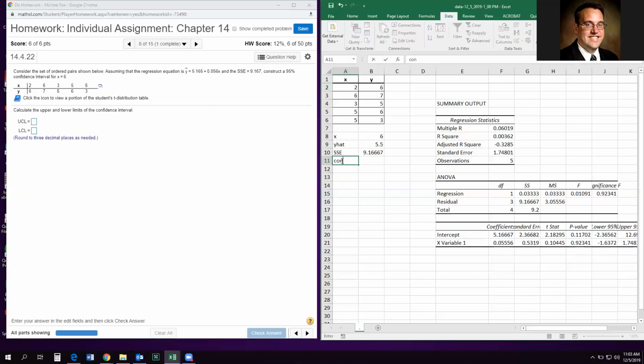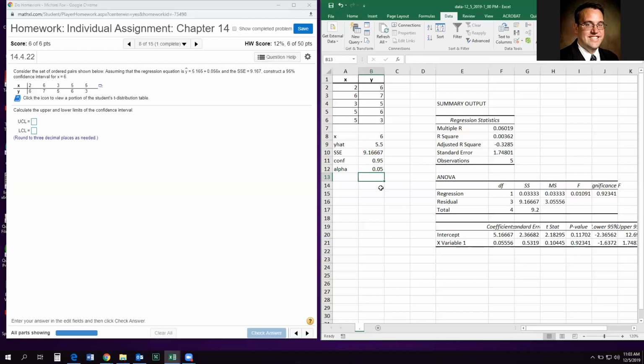We know our confidence is 0.95, which means our alpha is 0.05, or 1 minus the confidence level. Okay, so I think that's all the information that's given to us.